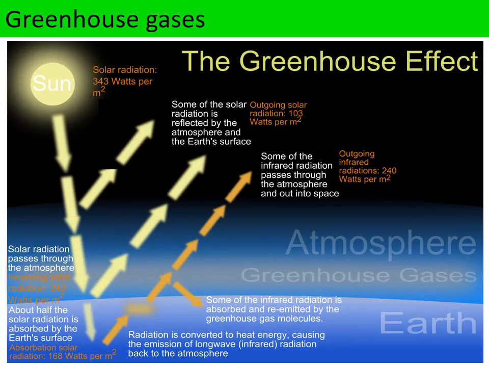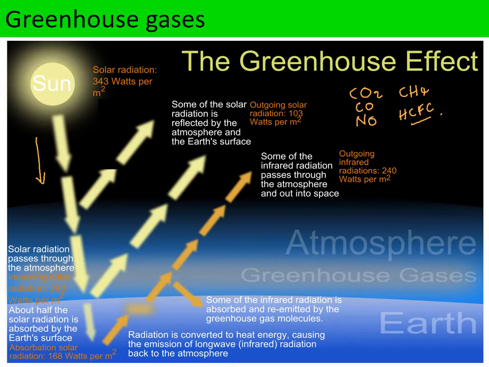So we know the accumulation of greenhouse gases such as carbon dioxide, carbon monoxide, nitrous oxide, methane, and fluorinated hydrocarbons can lead to increased atmospheric temperatures, and the reason is we know the sun emits solar radiation.